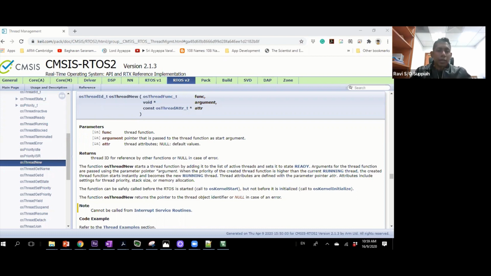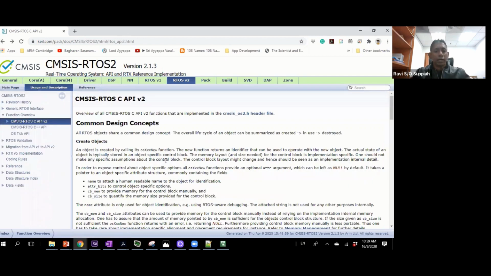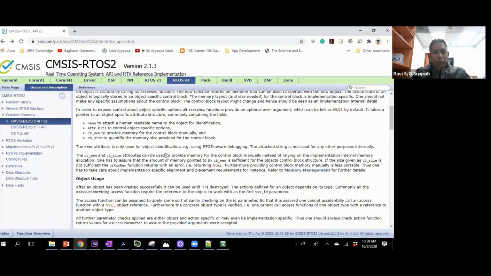This link is very important. Please save this. It is a very good set of documentation. There are a lot of details which we will not go into, because we're not going very in-depth into the OS backend architecture at this point. We will be focusing more on understanding the various tools. Like I said, the OS is a very powerful tool, but it's only as powerful as we know how to use it.